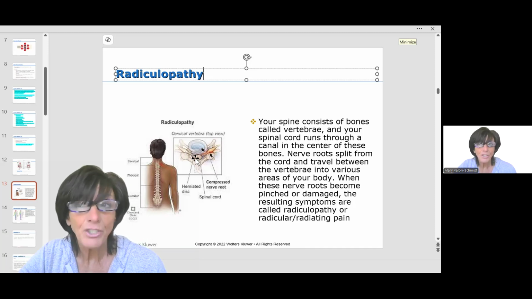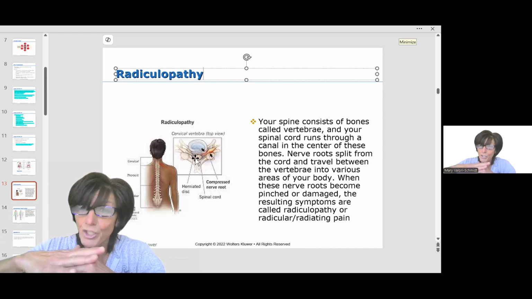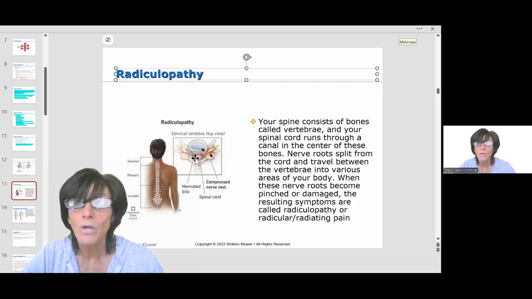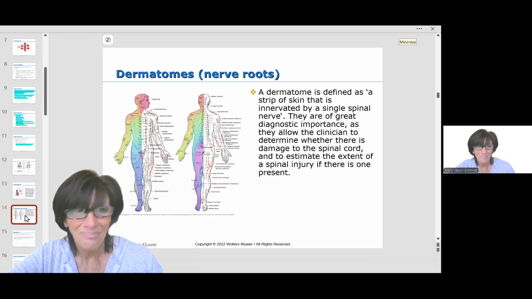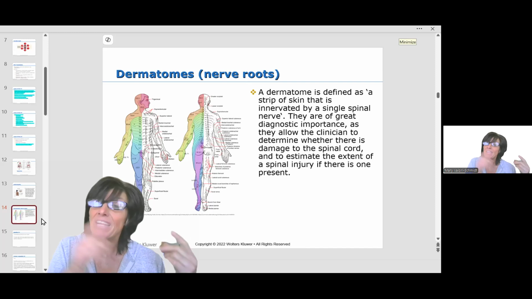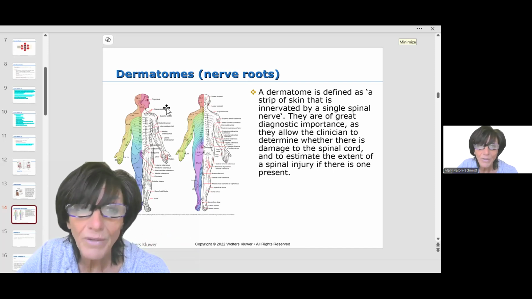Well, if there's damage, say to the disc between the vertebrae, and the nerves are getting squished, compressed, you'll have radiating pain that'll travel a dermatome. What's a dermatome? Good question. A dermatome is an area of skin or an area of the body that's innervated by a spinal nerve. So this chart can really help you understand.